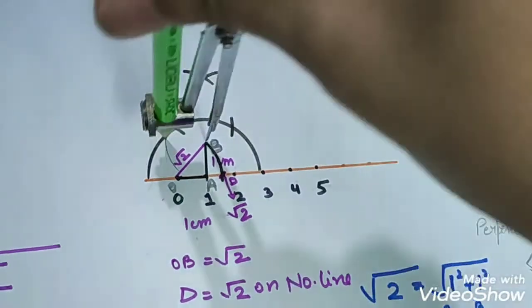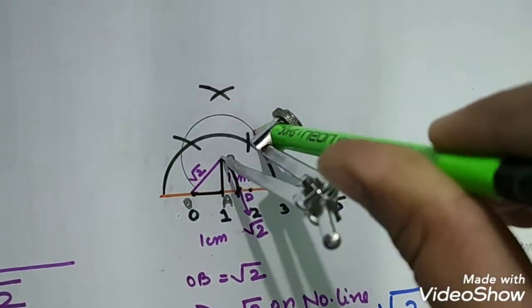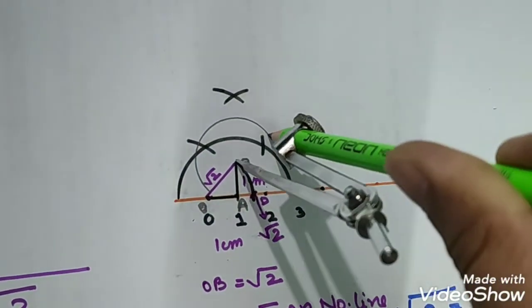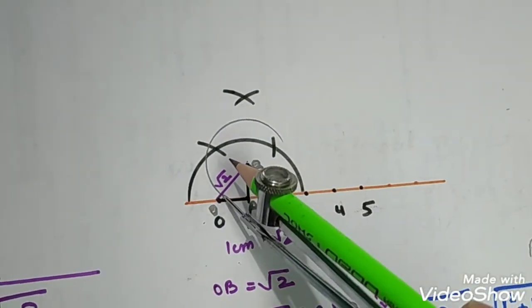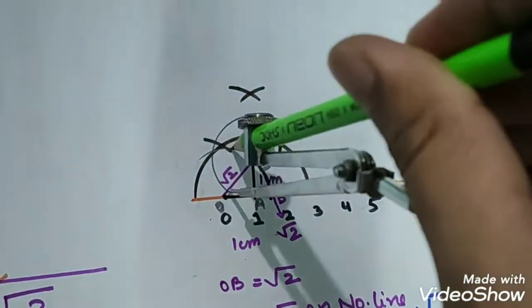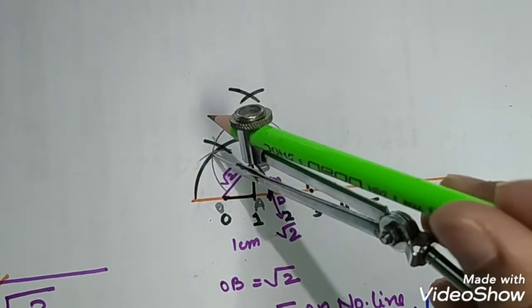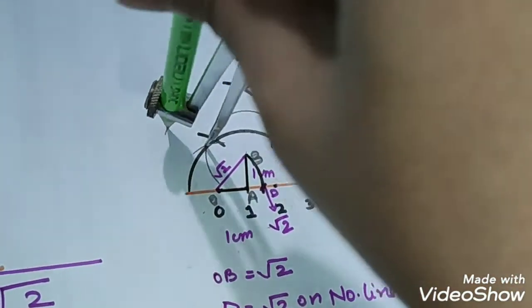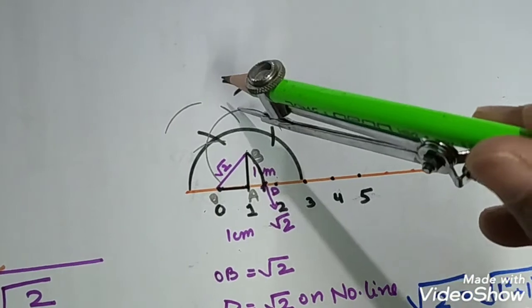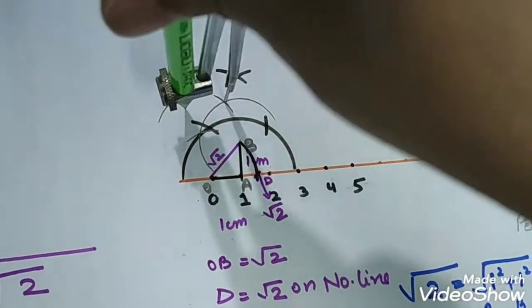So look here, this is how I'm going to take an arc. This will be 60 degree. From 60 you have to make an arc, and this is 120, and from 120 again one arc.